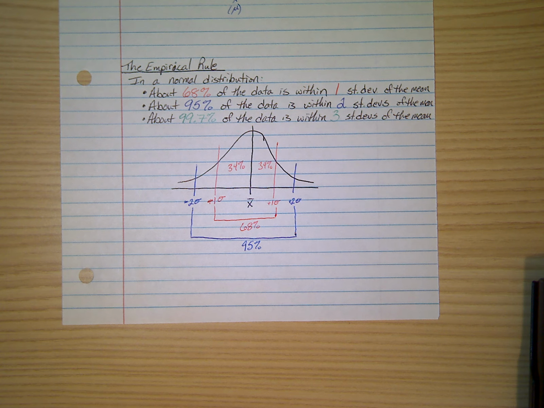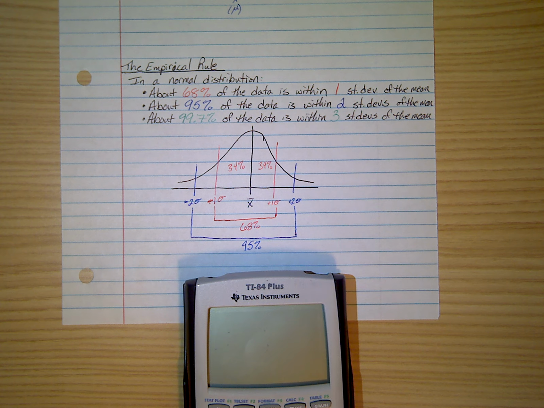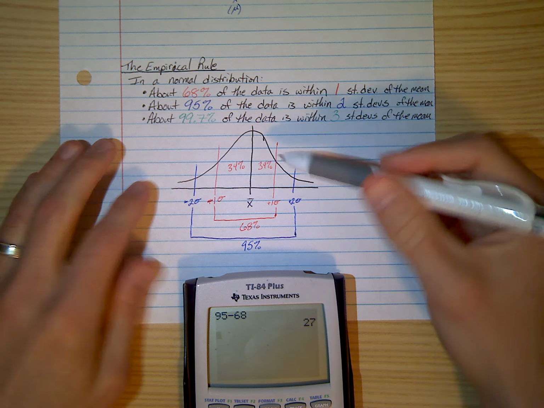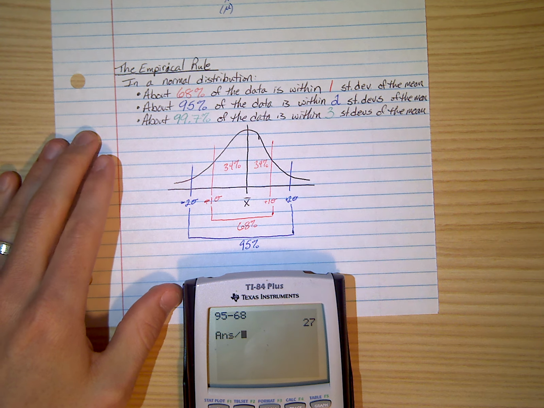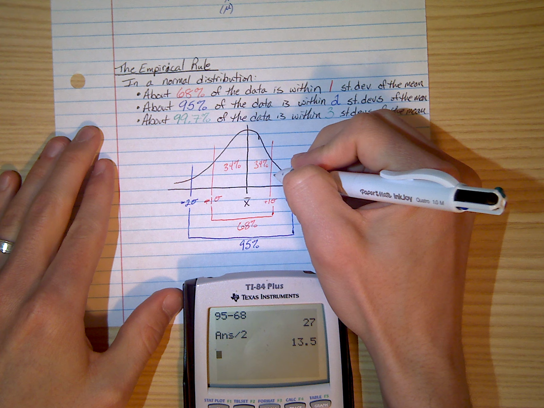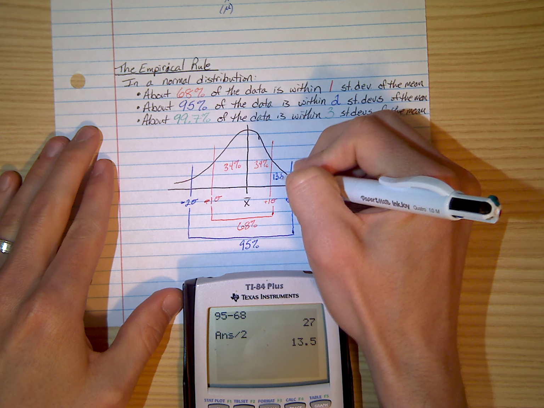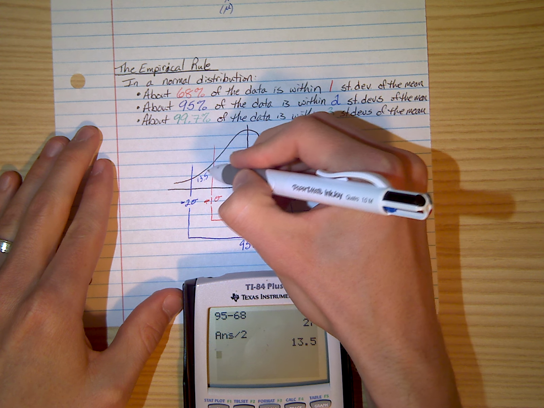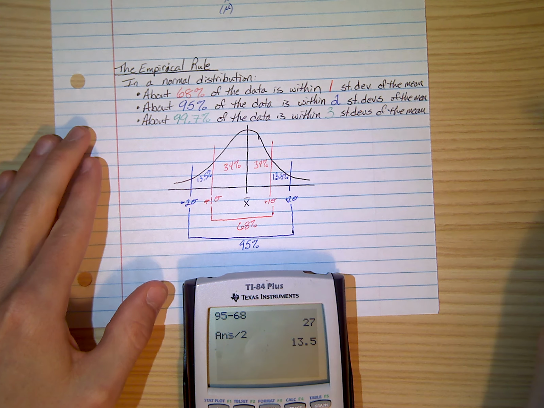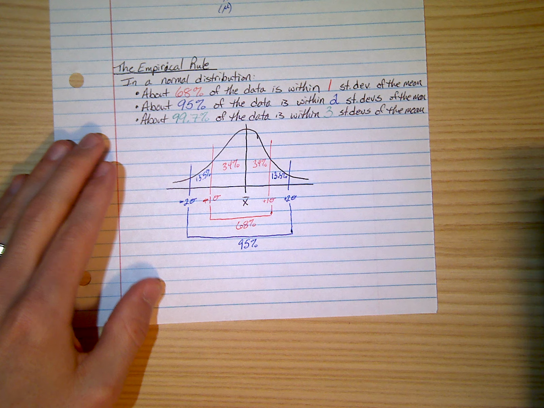So if you do a little quick math, 95 minus 68, you've got 27% of the data unaccounted for within these two little windows. Because it's symmetric, you divide that by 2, so there's 13.5% in this little branch and 13.5% in that little branch.